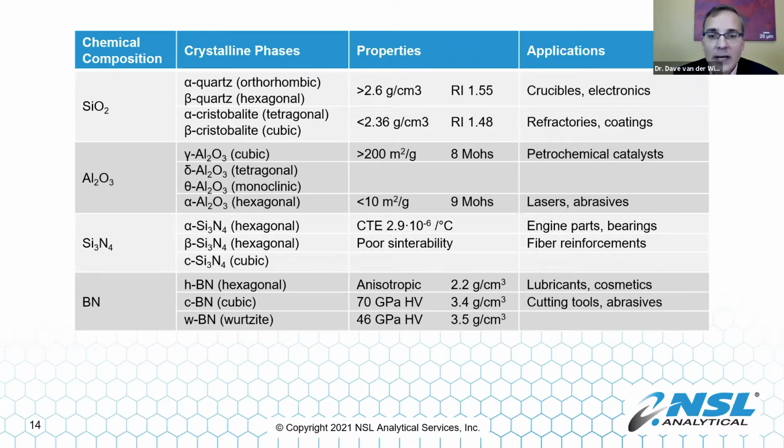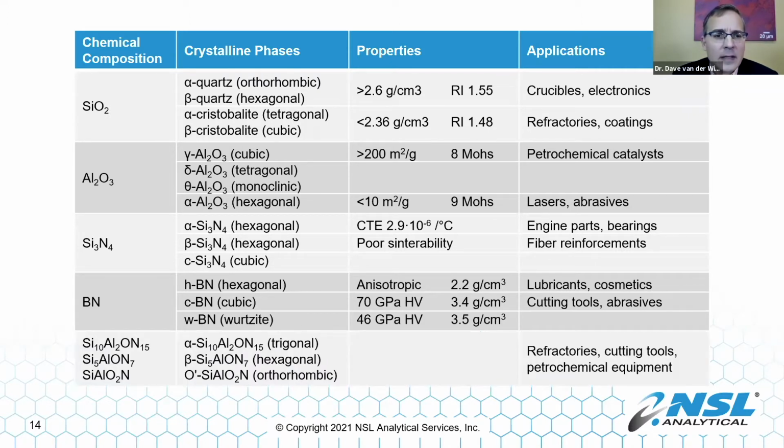And then looking at boron nitride, you see some materials with very high hardness values. Cubic boron nitride, actually, that's more hard than diamond, I believe. So you see its applications in cutting tools and abrasives, whereas hexagonal boron nitride actually behaves differently according to the orientation of the crystal. So it's used in different areas like lubricants and cosmetics.